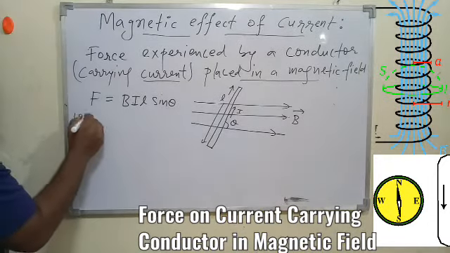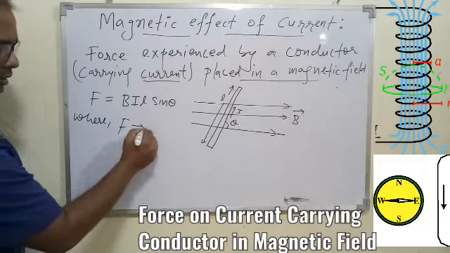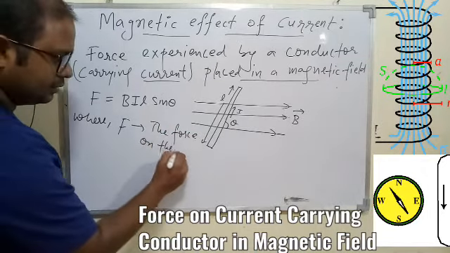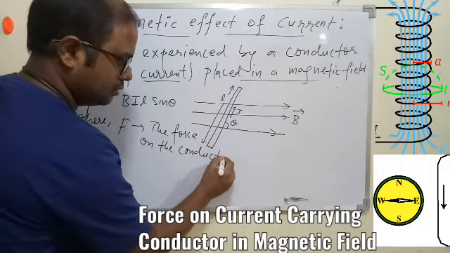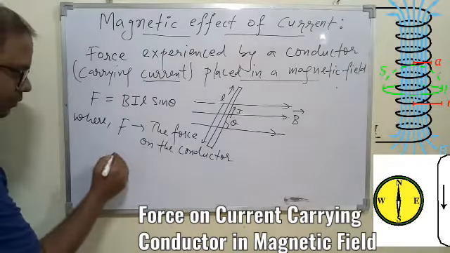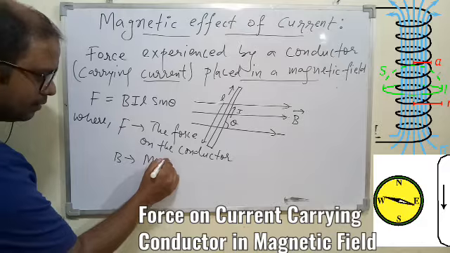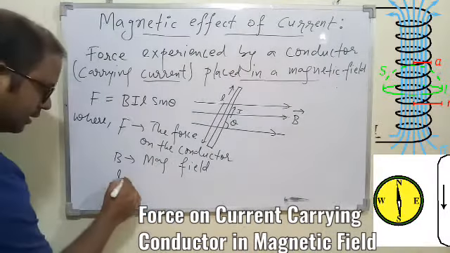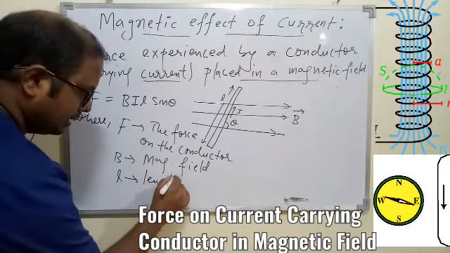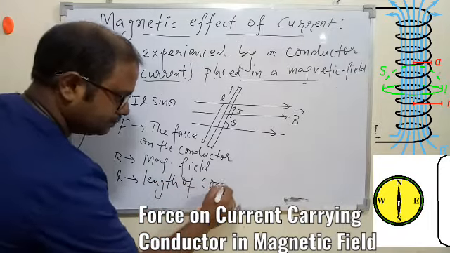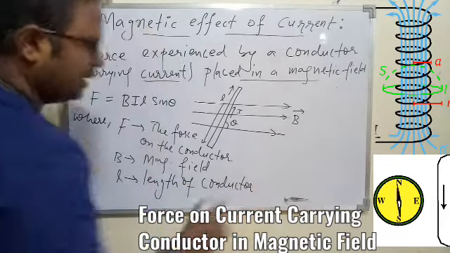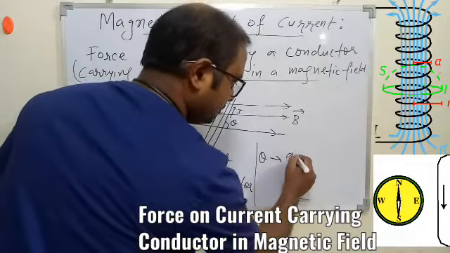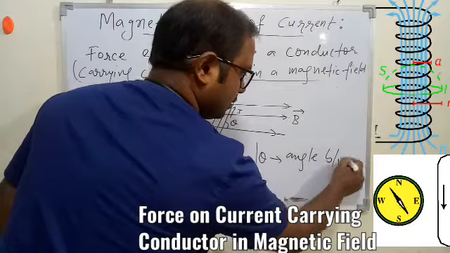So we can say where F is the force on the conductor, B is clear, that is the magnetic field which we are talking about again and again, L is the length of the conductor, and theta is understood, that is the angle between what?